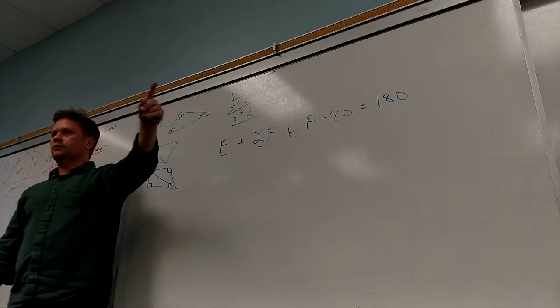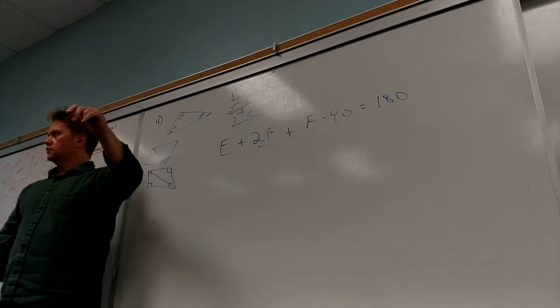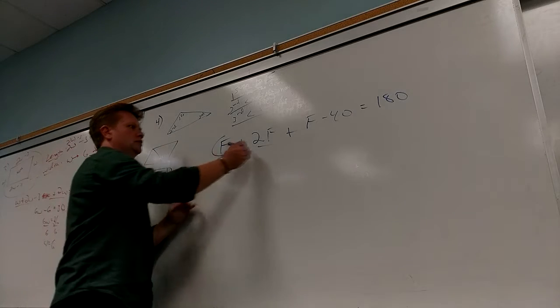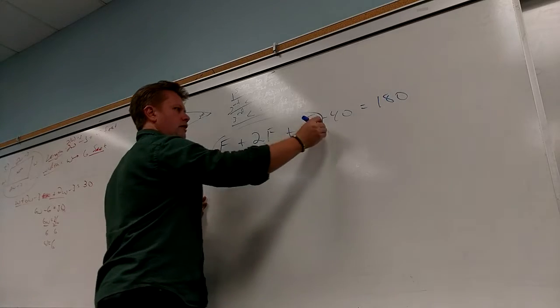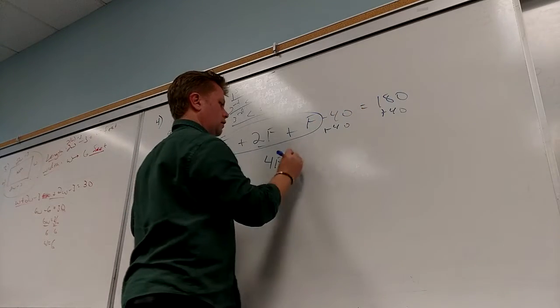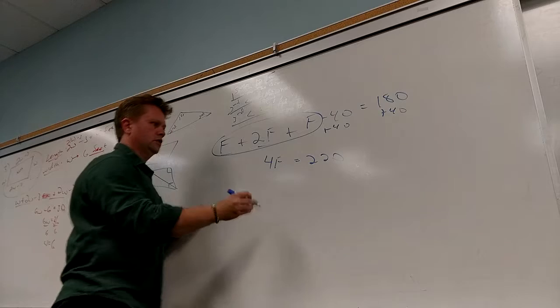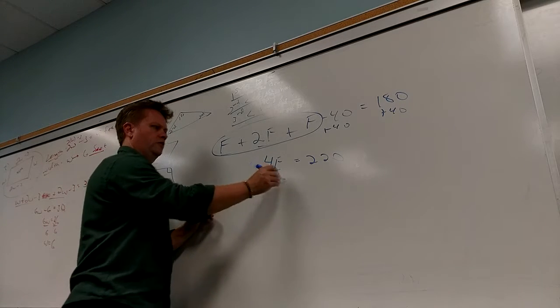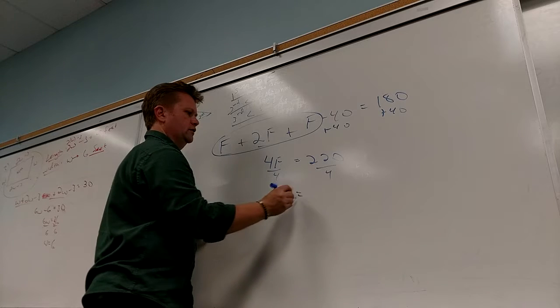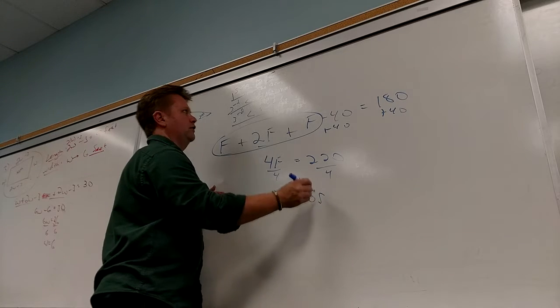And then this should be the easy part. So I get 4 F's. I can add 40. And then I just divide by 4. So that F is 55.